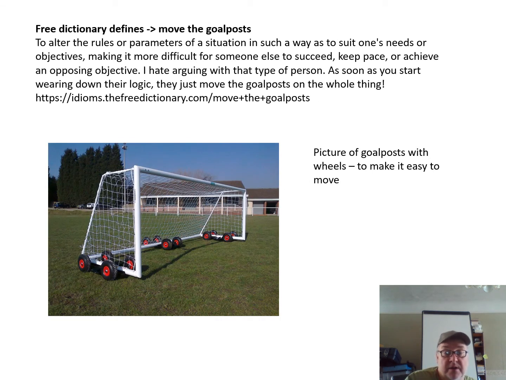So this is the definition of move the goalposts, and it's to alter things to fit a situation in such a way as to suit one's needs or objectives. So going around in the mathematical modelling process, if you find your mathematical modelling doesn't quite fit reality, then you just make adjustments. And I have a picture here of the goalpost with wheels on it, so you can move the goalpost quite easily.